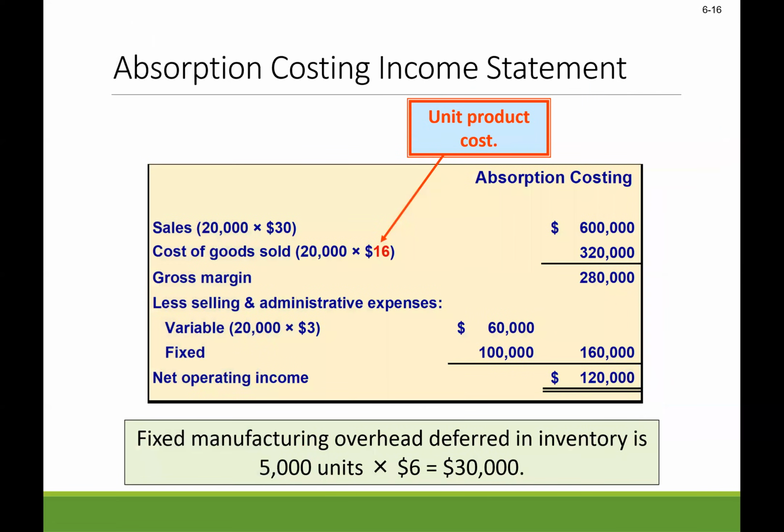Under absorption costing, we'll take our sales, our cost of goods sold, our unit product cost, 20,000 at $16 is how much we've sold, the cost of those goods that were sold to come up with our gross margin. Then we have our selling and admin expenses to then come up with our net income.